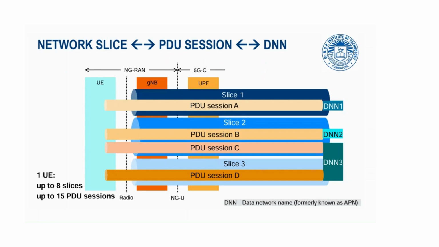So this configuration shows the flexibility. The sessions can be mapped across slices and DNNs based on the user or service demands. The structural flexibility of 5G networks is shown here, allowing a user device to maintain multiple simultaneous isolated data connections across various network slices and data networks, providing tailored connectivity and services for modern applications.